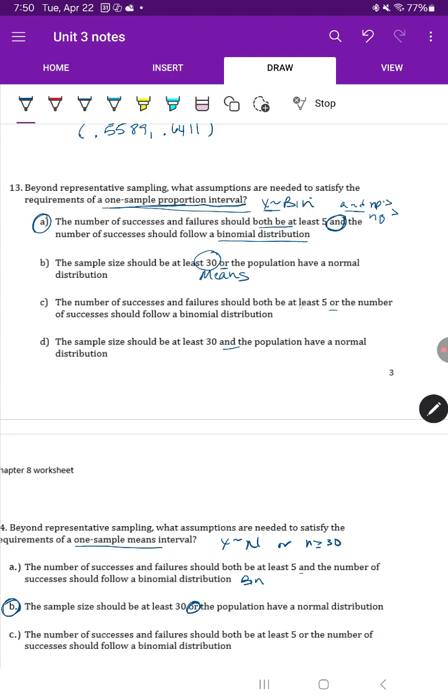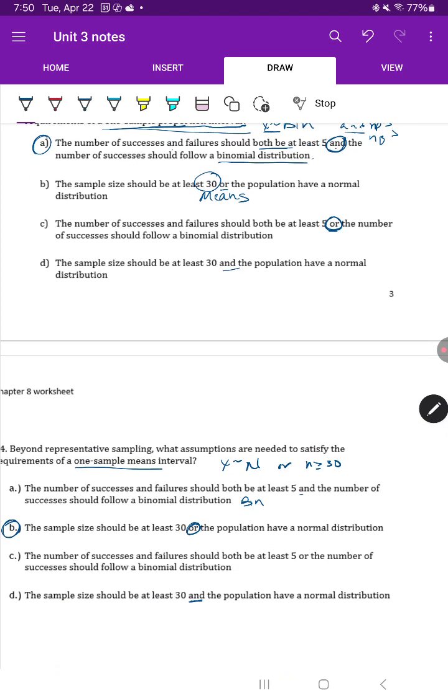This one says or. So in a binomial distribution, the sample size has to be big enough and it has to follow a binomial distribution. Make sure if you're seeing two questions that look the same, that you look at them and find what the difference is. The difference in this one is that word and that word or.